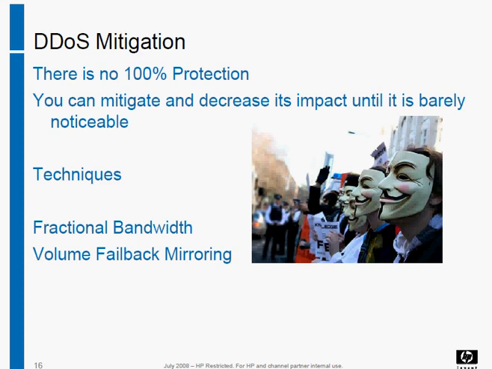That's our main goal, because we cannot protect 100% any environment. We're going to try to mitigate the impact. So we're going to be talking about fractional bandwidth and volume failback mirroring. These are very powerful techniques against denial of service attacks.